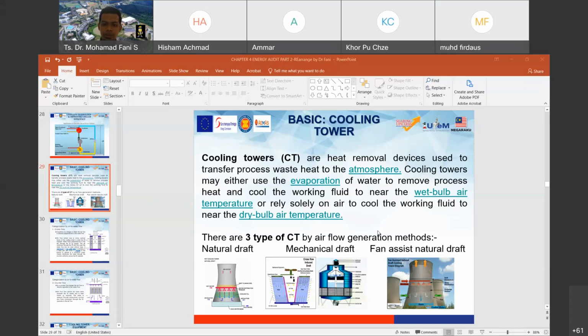Okay, cooling tower. We know that the complete chiller system, especially for a commercial building, consists of three elements. The first one is the chiller plant itself.